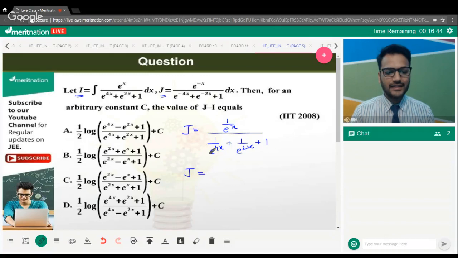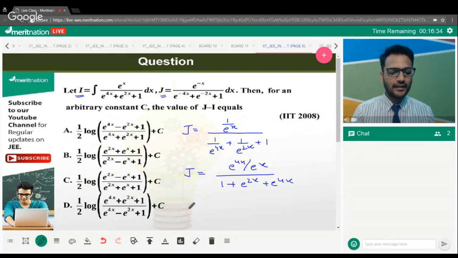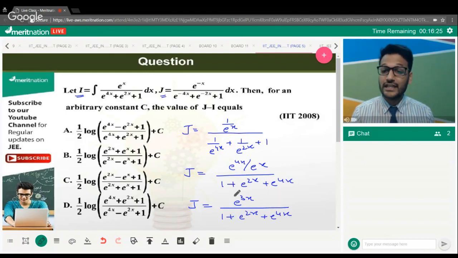If I take the LCM, e to the power 4x will be the LCM. So that turns out to be e to the power 4x divided by e to the power x in the numerator. In the denominator, we'll have 1 plus e to the power 2x plus e to the power 4x. Therefore, we can write J as e to the power 3x upon 1 plus e to the power 2x plus e to the power 4x. This is what the value of J is.